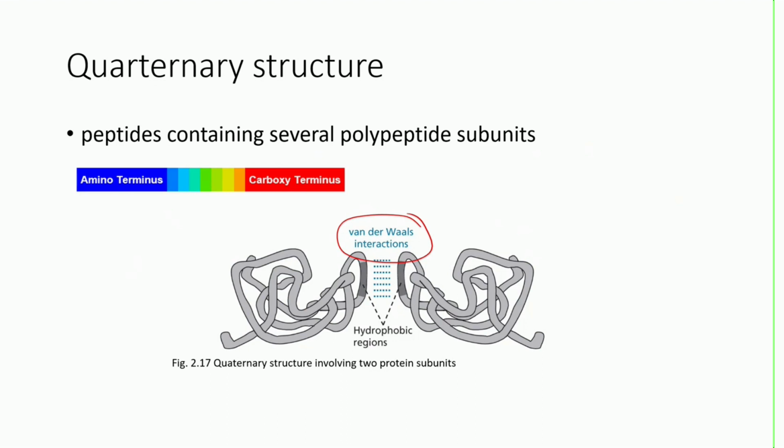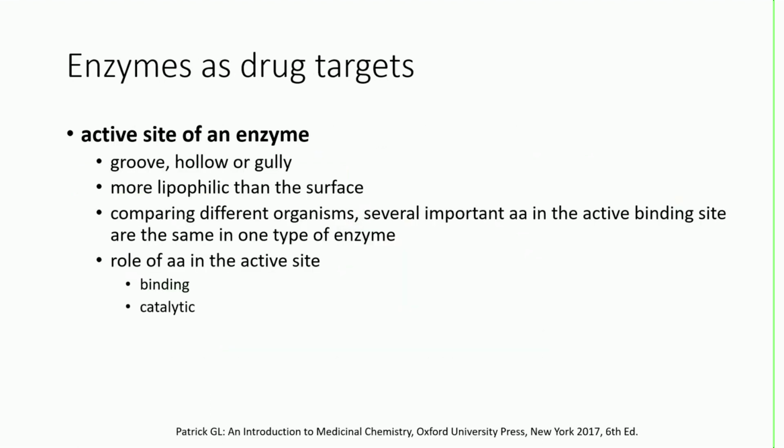And maybe we have not mentioned the disulfide bond, which can happen due to the presence of cysteine in the proteins. But the quaternary structure is based mainly on the van der Waals interactions.